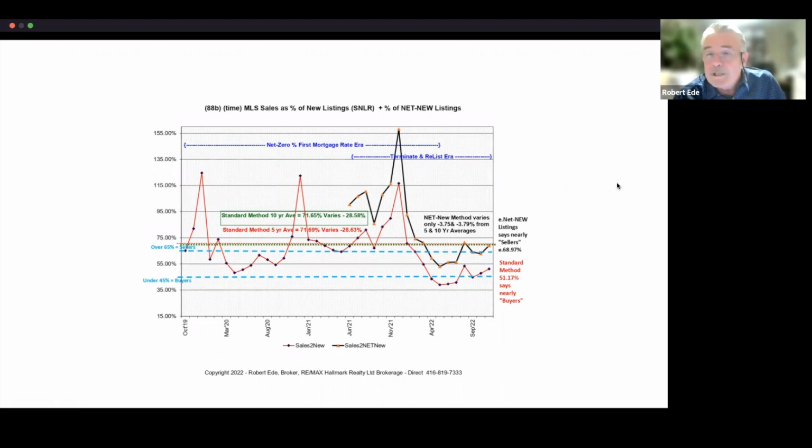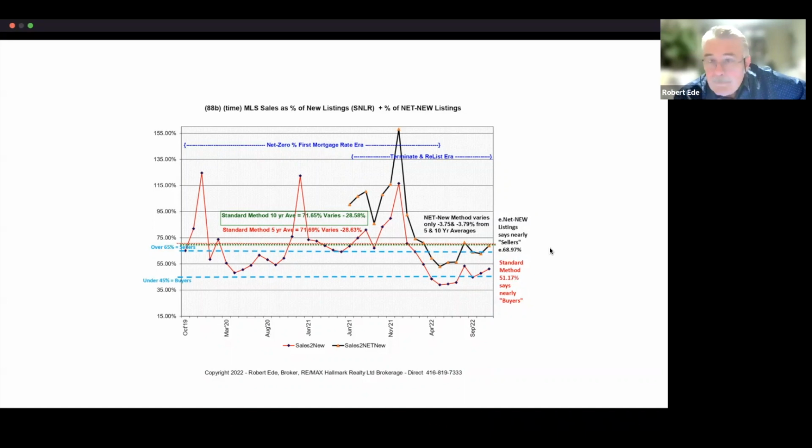All I really care about is what it is like today. And this is the irony of the situation: if you subtract the number of relists from new listings, you get a far smaller number. And when you divide the number of sales into it, you get a sales to net listing ratio of 68.97%, which is well above the accepted seller's market territory of anything over 65%.